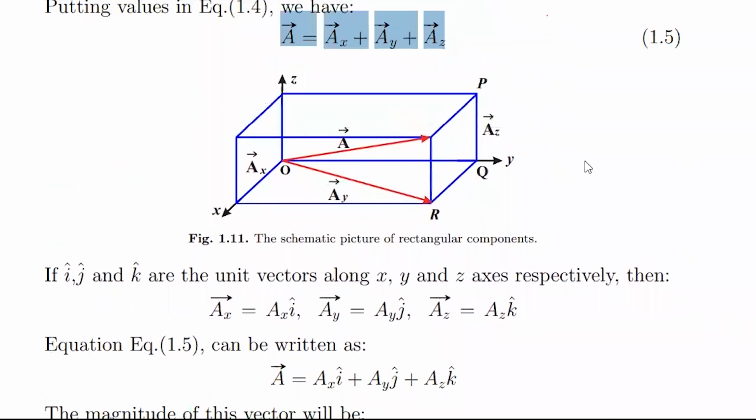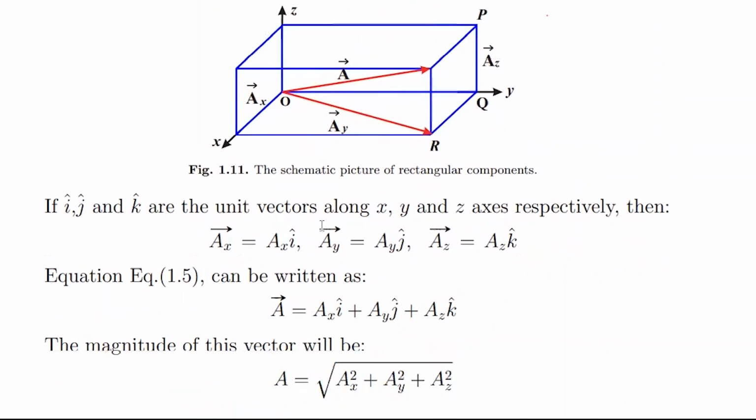Now, if we want to describe these components with direction, then it is necessary to denote these components with their unit vectors. For example, AX is along the x-axis, its direction is along the x-axis and it is labeled with the unit vector i, and the y component is labeled AYj and the z component AZk.